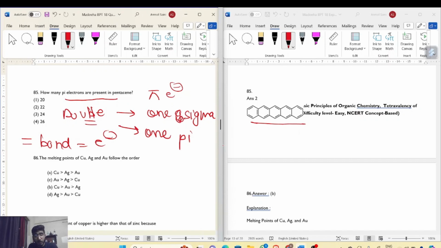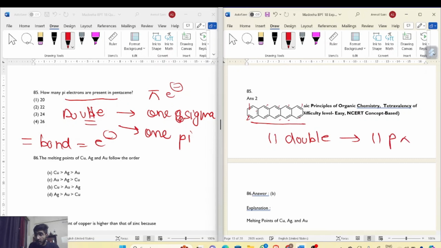Then the number of electrons will be 2 into the number of double bonds, just double the number of double bonds. Okay, so there is one double bond, two, 3, 4, 5, 6, 7, 8, 9, 10, 11. Okay, so there are 11 double bonds. Then it will have 11 pi bonds as well, because each double bond has one sigma bond and one pi bond.